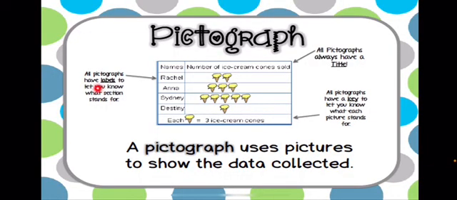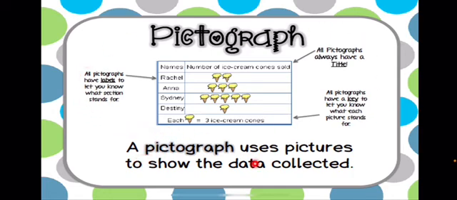So all pictographs have labels to let you know what section stands for. All pictographs will always have a title, and all pictographs have a key to let you know what each picture stands for. So these are the most important things that a pictograph should have.